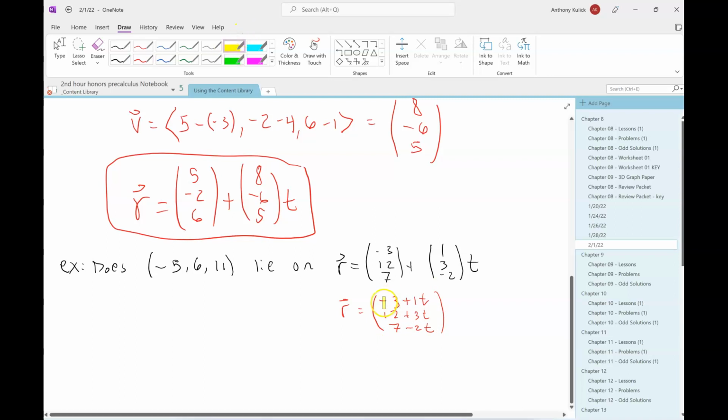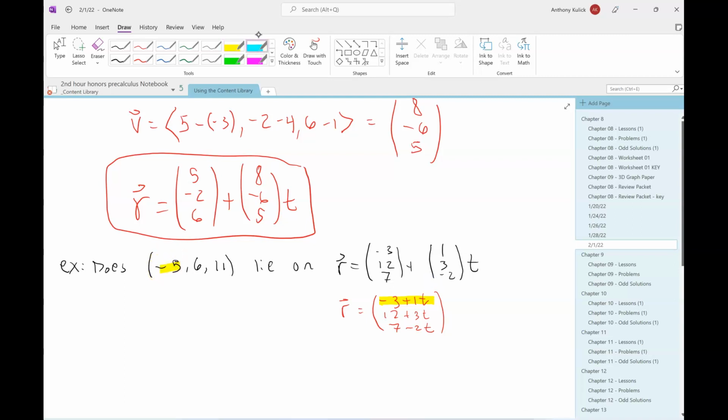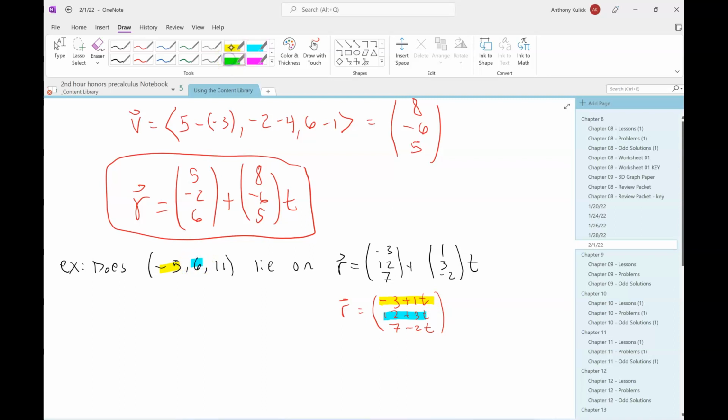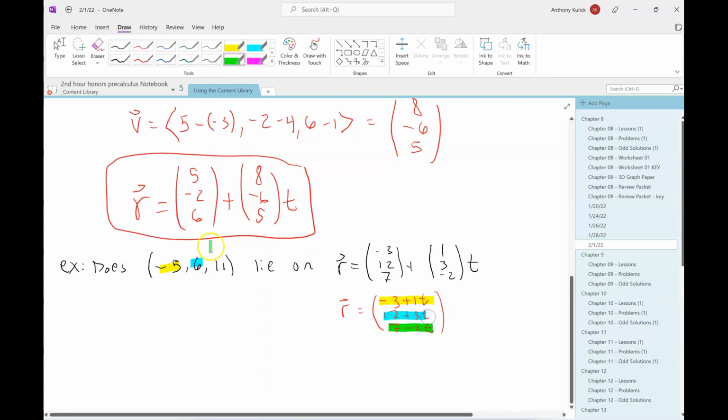So all this is saying is I need to check to see if the value of t that gives me -5 in the x-coordinate is the same as the value of t that gives me 6 in the y-coordinate, and the same as the value of t that gives me 11 in the z-coordinate.